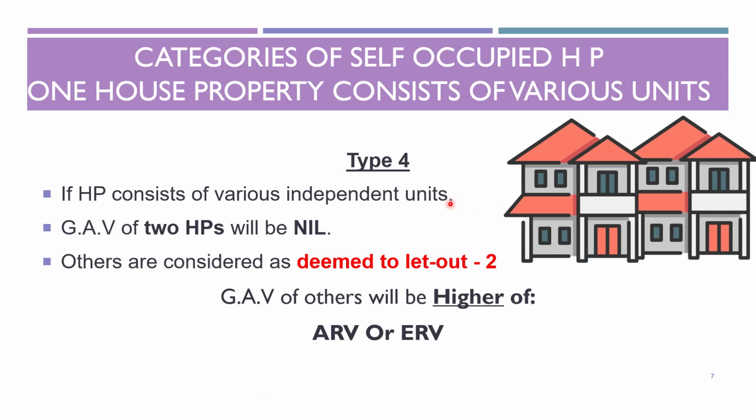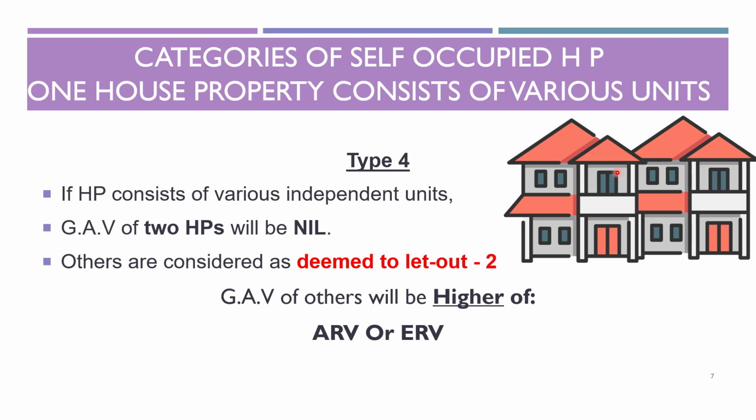In fourth type, the house property consists of various independent units. See, assume this is one unit, this is another unit, this is another unit, this is another unit. So there are 4 units. So the assessee can choose any 2 of these as self-occupied. The other 2 will be deemed to let out.